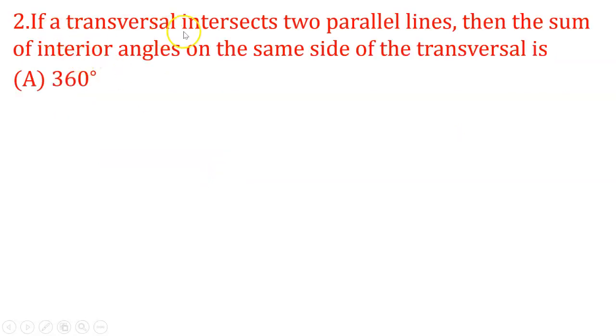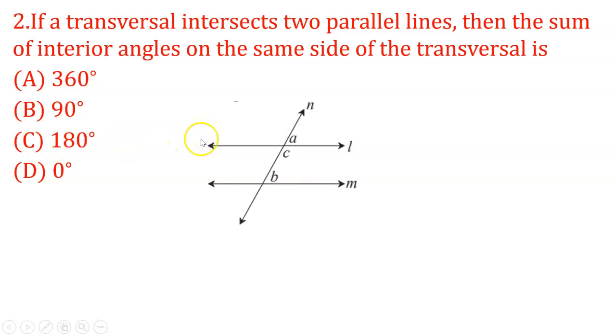Next. If a transversal intersects two parallel lines, then the sum of interior angles on the same side of the transversal is: A is 360, B is 90 degrees, C is 180 degrees and D is 0 degrees. Now see this here.